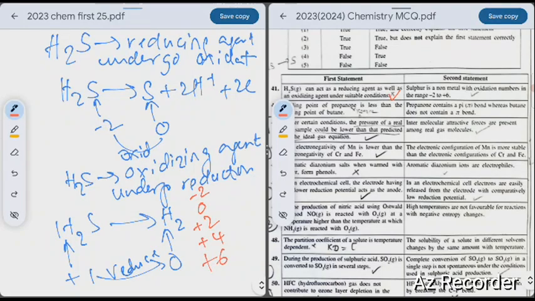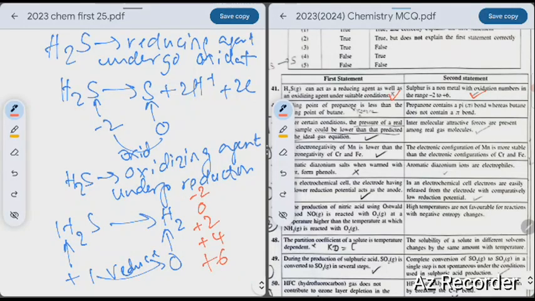For 0, S8. Then for +2, SCl2. Then +4, SO2, and sulfite also has sulfur in the +4 oxidation state. Then +6 for the sulfate ion. Therefore, sulfur is a nonmetal with oxidation numbers in the range -2 to +6.